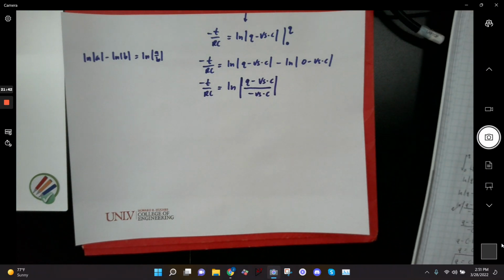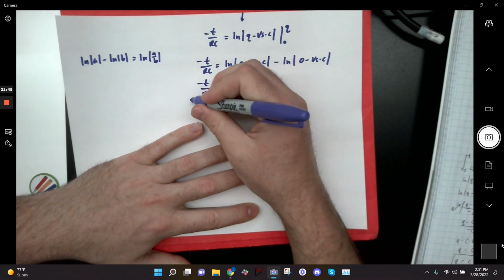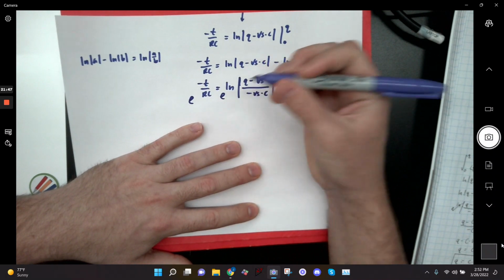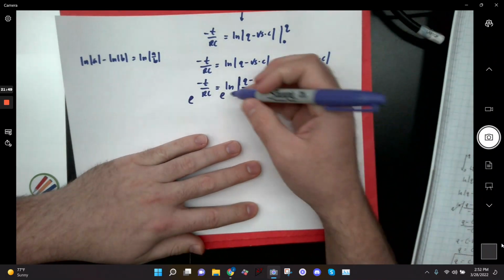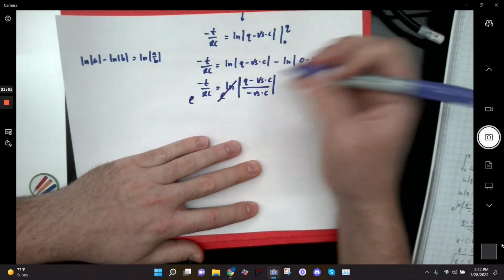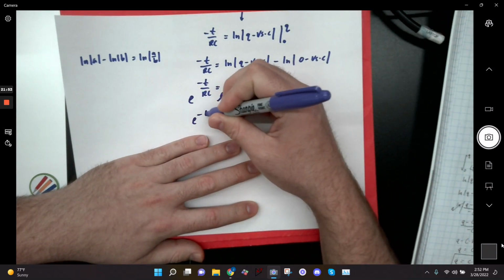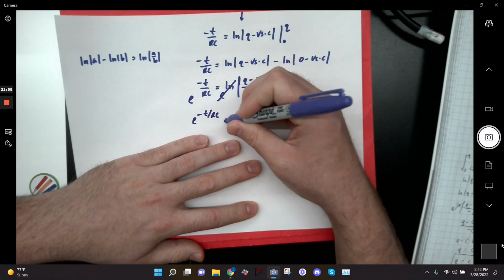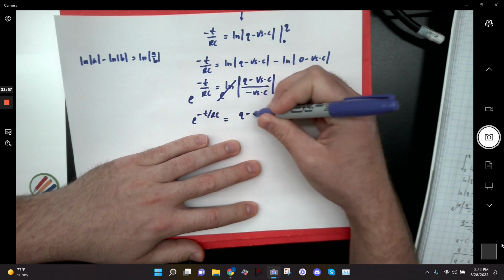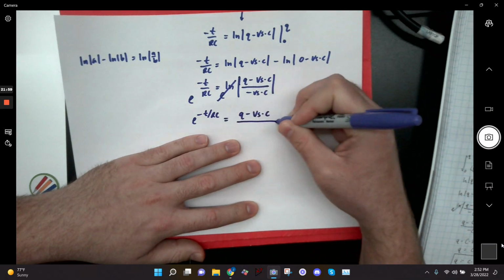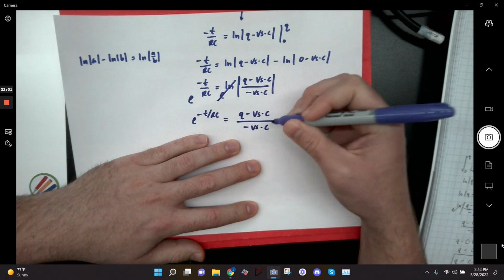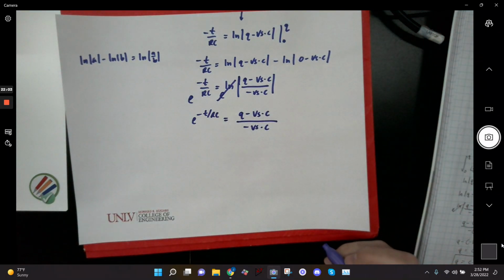We're getting there. Now what I can do is exponentiate both sides to get rid of the natural log, right? So that goes away. Now I'm left with e to the minus t over rc is equal to q minus Vs times c over negative Vs times c. All right.